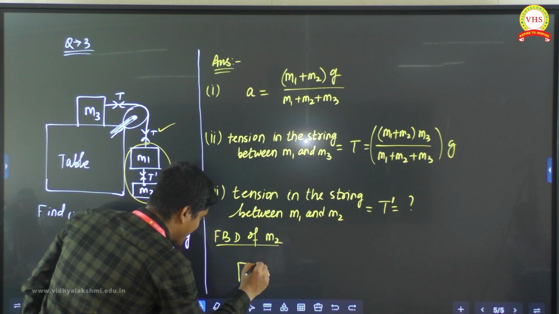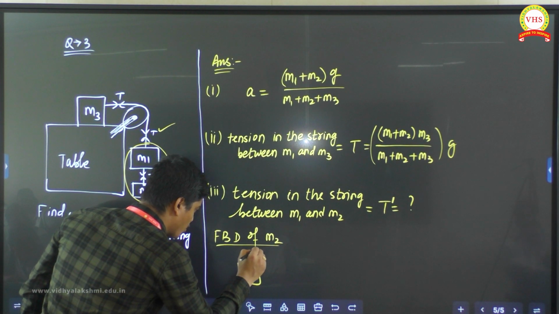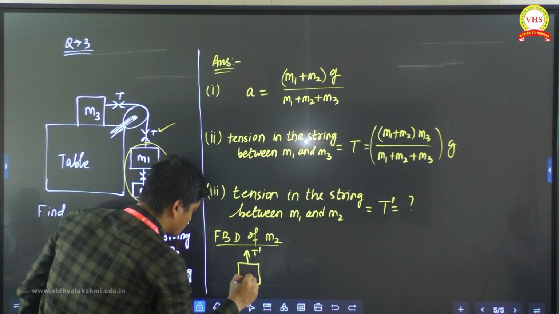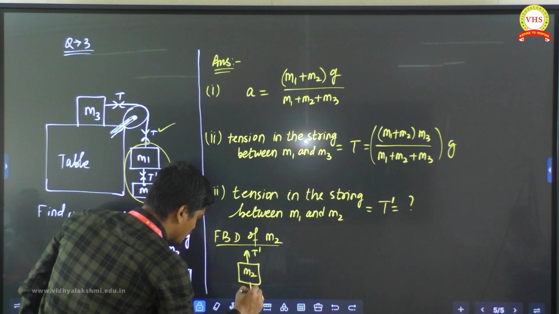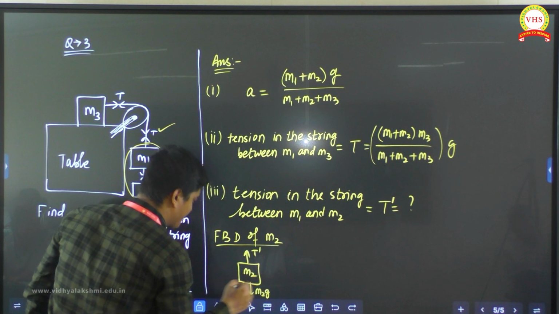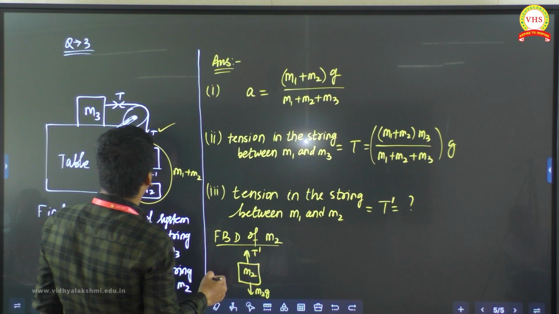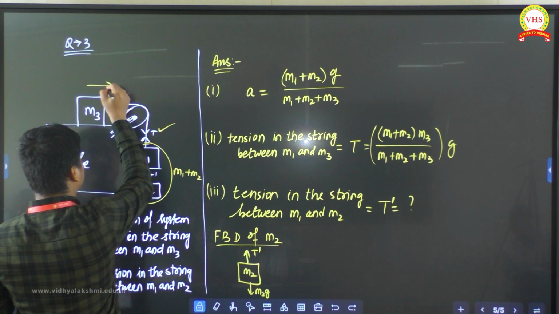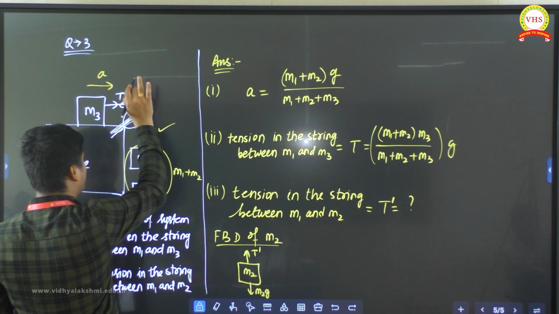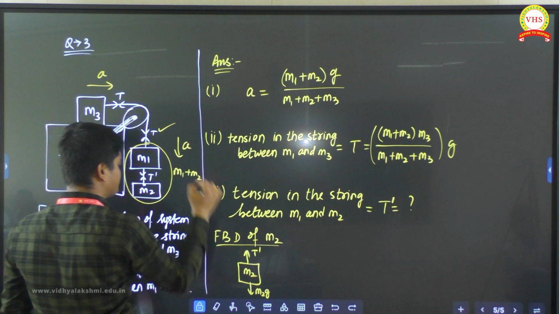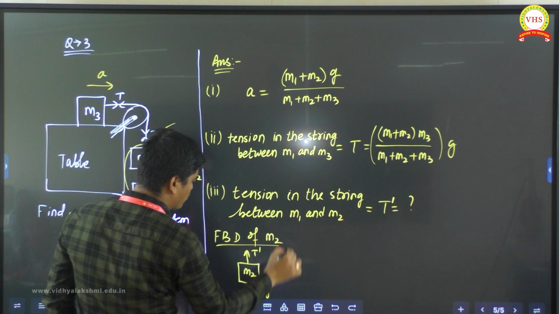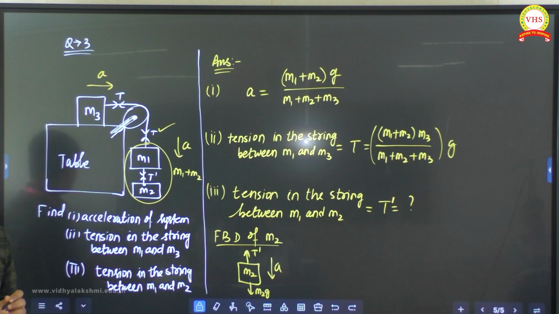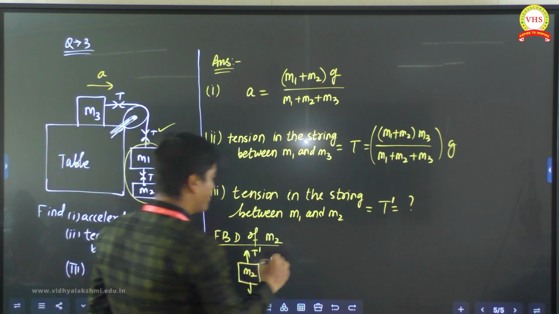Upward is the tension T prime. Here it is M2. Downward gravitational force M2G. And we consider this is moving in this direction, this is moving downward direction. So this M2 also moving downward direction with A acceleration. Yes or no?